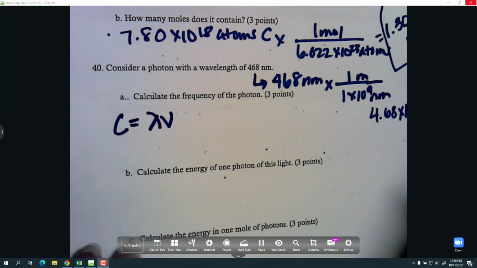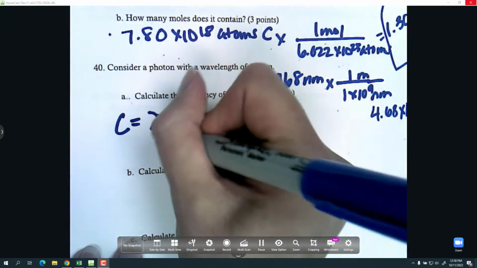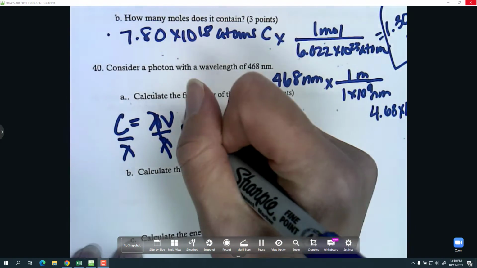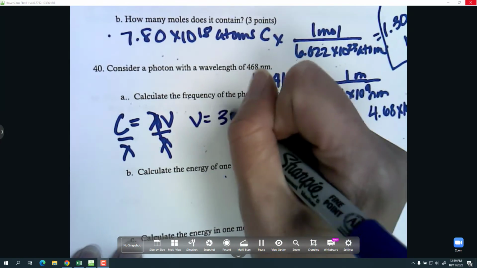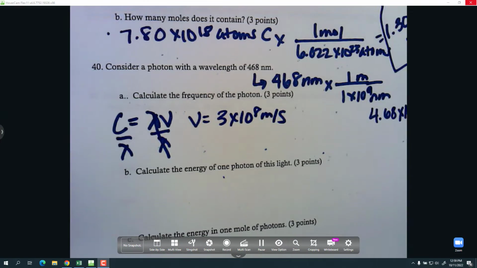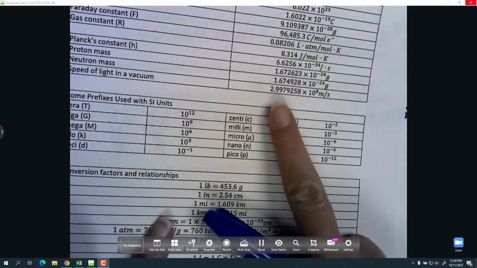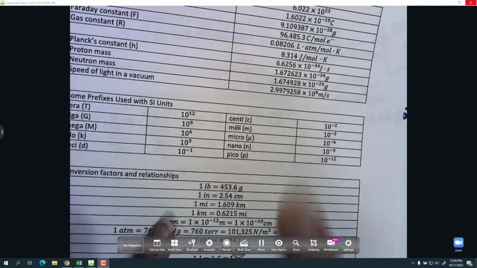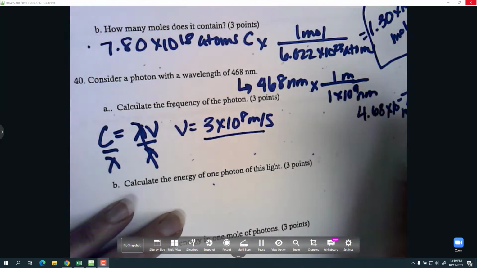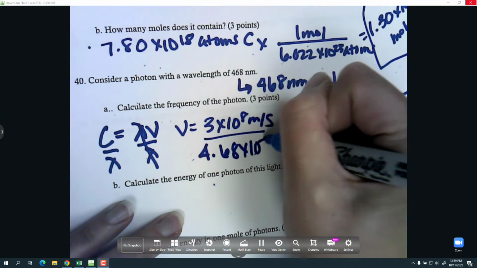To calculate the frequency, I need this equation. Nu is the frequency. So I need the speed of light. So nu equals the speed of light, which is 3 times 10 to the 8th meters per second. If you don't remember that, it is on your equation sheet. It has a bunch of extra sig figs. I'm just putting 3 times 10 to the 8th divided by the wavelength, 4.68 times 10 to the minus 7th meters.